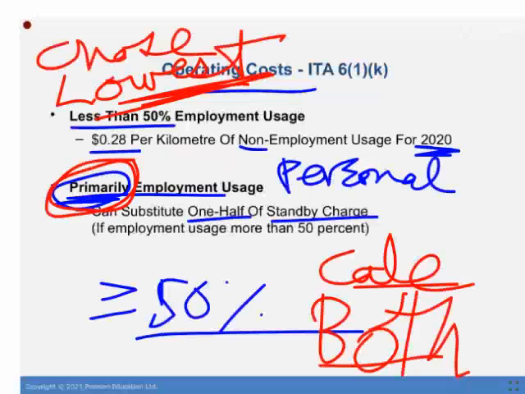Remembering there are multiple scenarios though. This is one scenario. The employer owns the vehicle, provides it to their employee. We can also have the employee owning the vehicle and using it, and we'll talk about those next. But this is strictly the employer owning the vehicle and providing it to the employee. That's when we do these calculations.